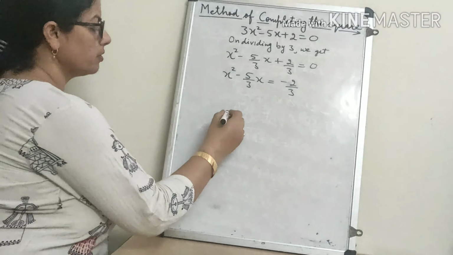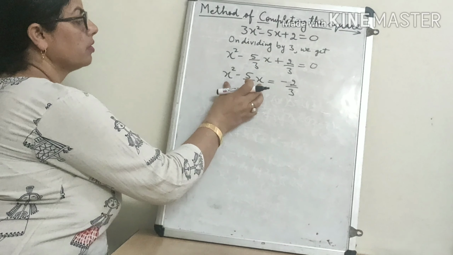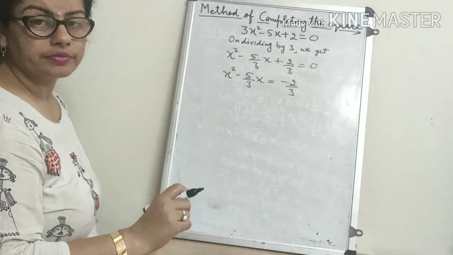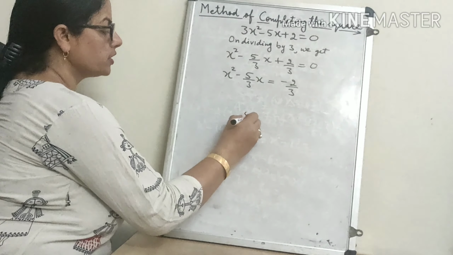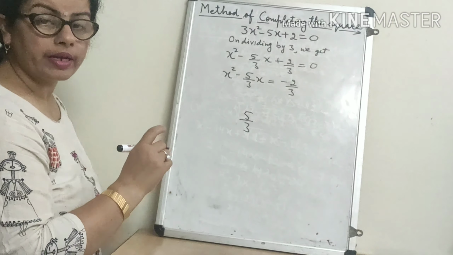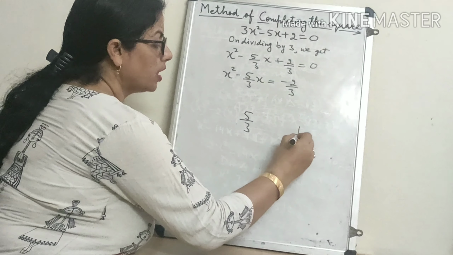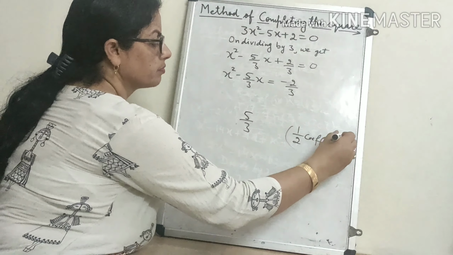Now we will make it a whole square. We will try to make this left hand side a whole square. To make a whole square, what will we do? See, what is the coefficient of x? 5 by 3, the numerical coefficient. We will not see the sign. Half of the coefficient of x, whole square.